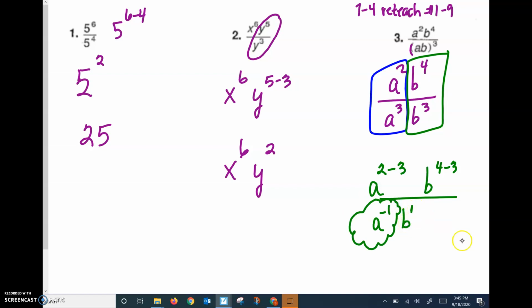That's okay. So we are going to leave the b to the 1 on the top, and remember mathematicians say I don't have to write that 1, so I'm going to leave it as b. But that a to the -1, we're going to put on the bottom because we are not allowed to have that negative exponent. So here is your final answer, b over a.